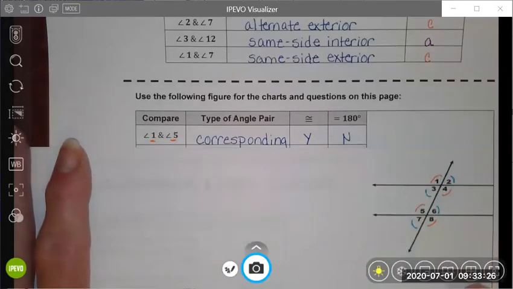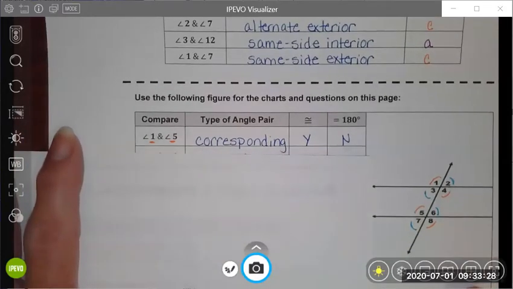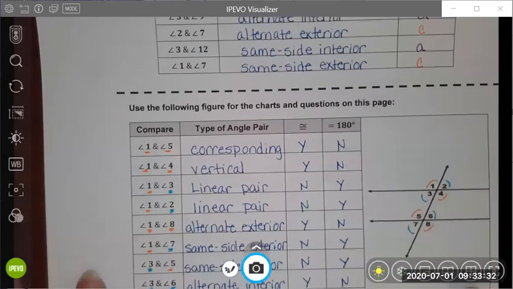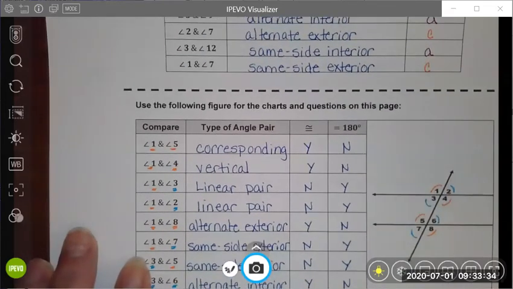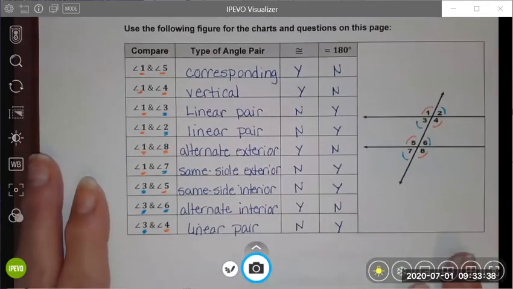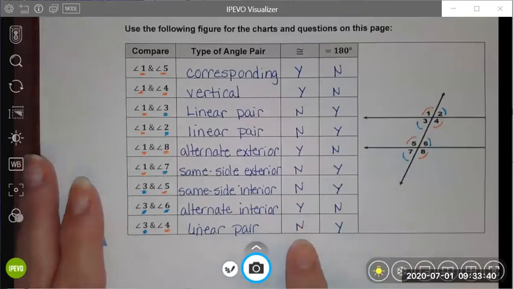If you do not have that tissue paper at home, then feel free to just take it on faith that these are the angle pair relationships that are created in this picture, and these are their answers: yes or no that they are congruent, yes or no that they are supplementary.